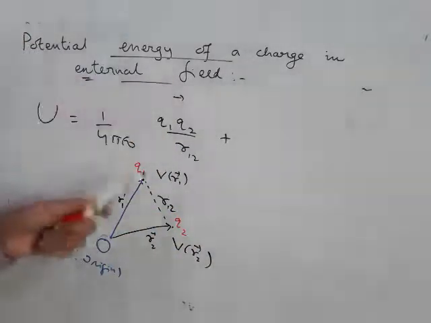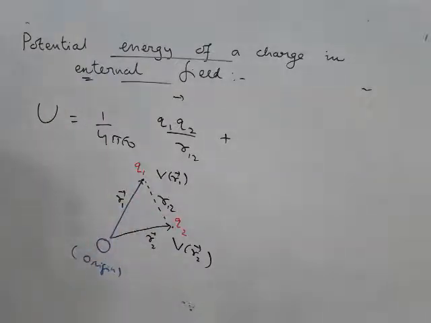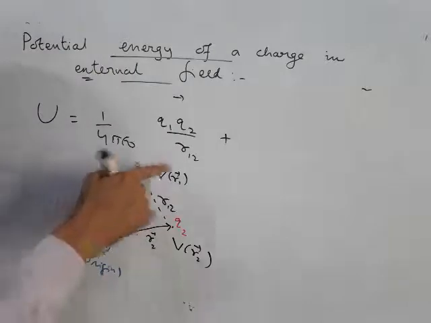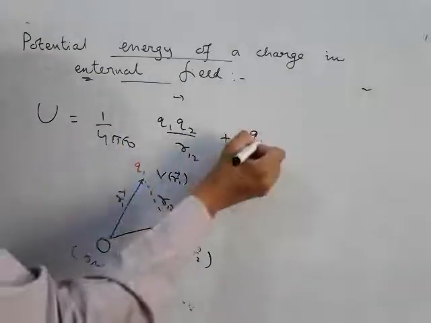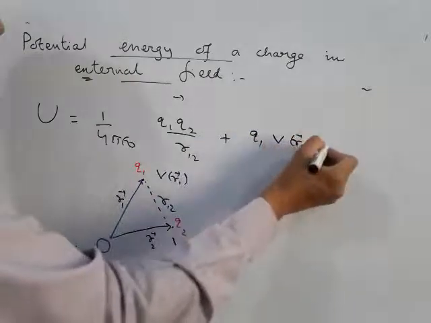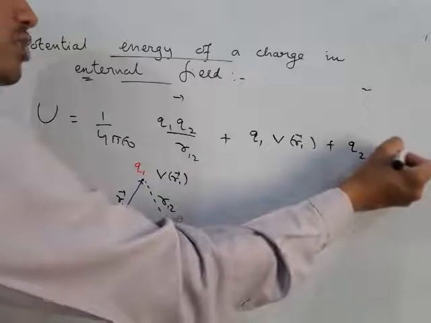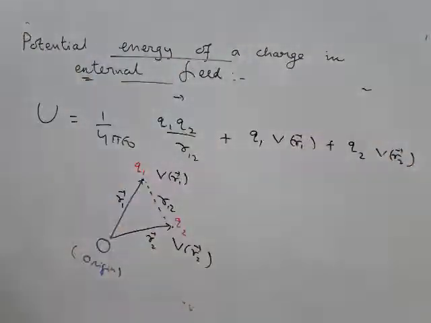External field means the field which was present prior to bringing these charges Q1 and Q2. So how much will be the potential energy remaining terms? That will be Q1 times potential at its location, that is V(R1), and Q2 times potential at its location, that is V(R2). So this is the total potential energy term, students, in external field.